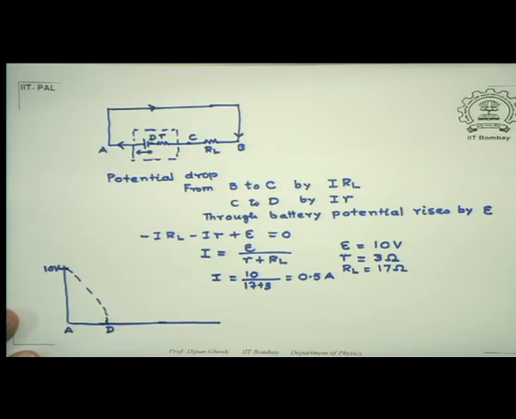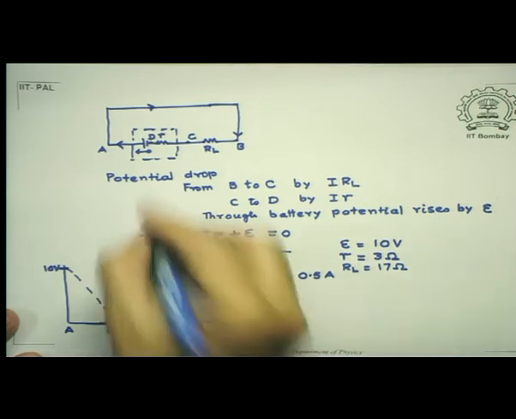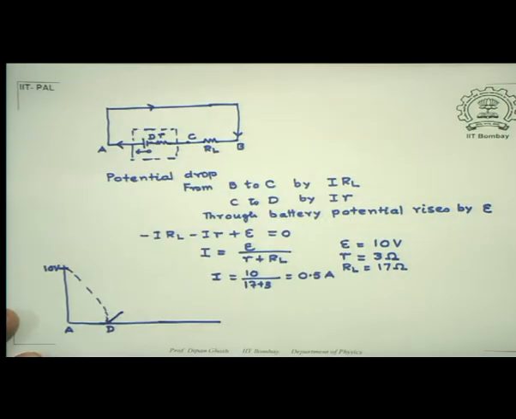Now, having done that, I go from point D to the point C through the resistance small r. Since the resistances have been assumed to be ohmic, the change in potential would be linear as it goes through the resistance. So, from D, it rises as I go to the point C, or rather the end point here.